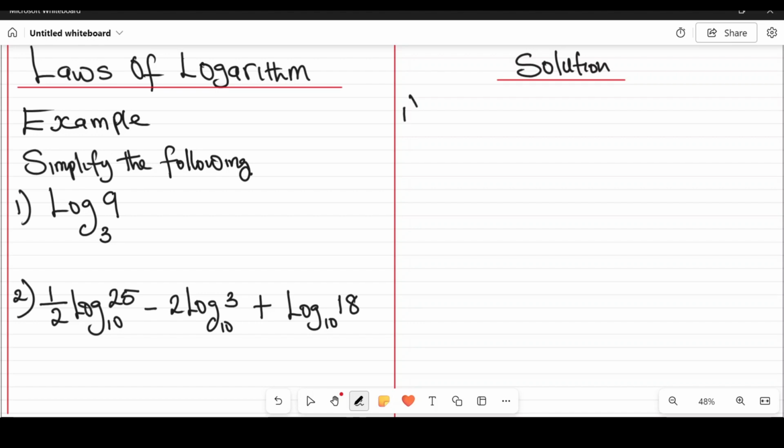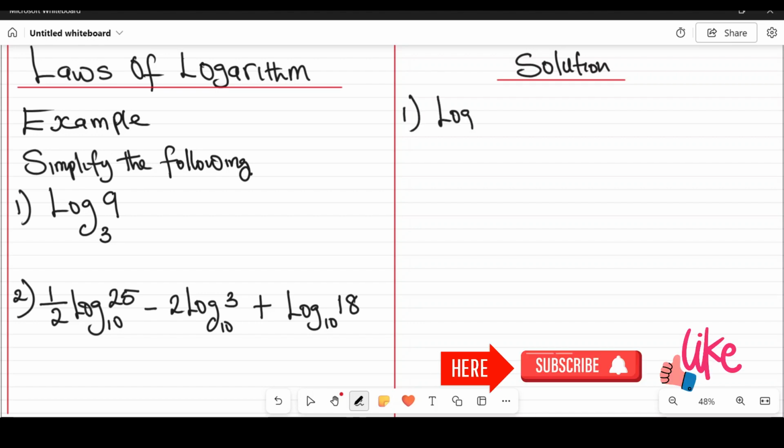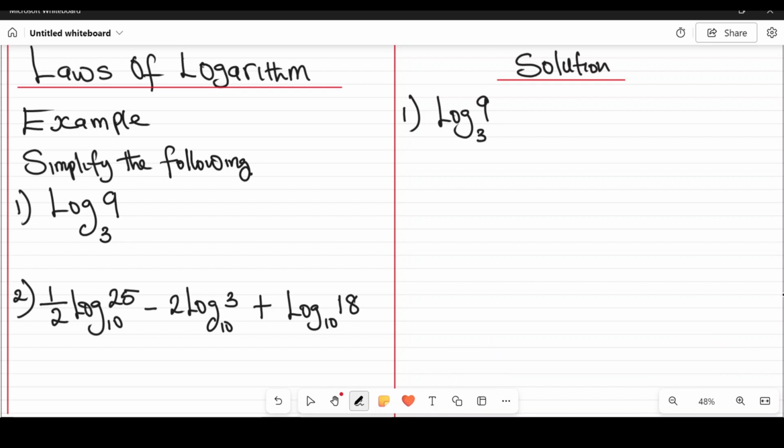Number 1 says log of 9 to base 3. Now we know that this can be expressed as log of 3 to the power of 2 to base 3. And we know from our index law that when a number is raised to a power, we multiply by the logarithm.